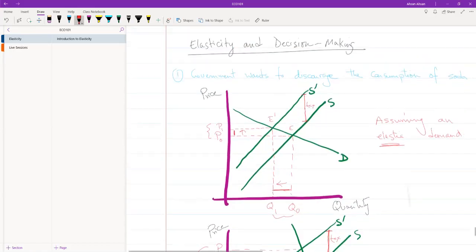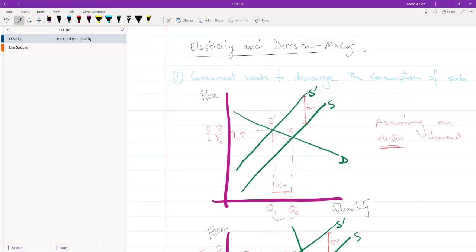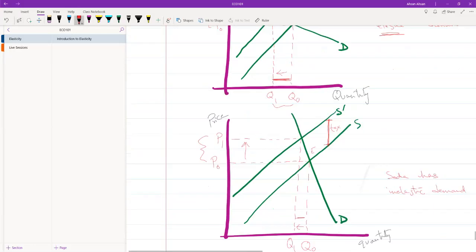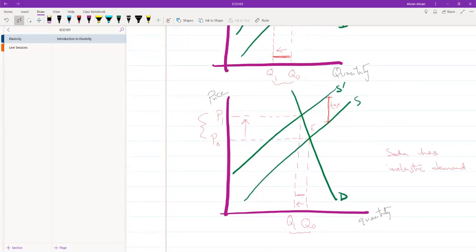If the government decides how much tax they want to impose without taking a look at the elasticity of demand of soda, their policy is not going to be successful. They're expecting a large change in quantity demanded, but because they have failed to take into consideration the inelasticity of demand, there's a relatively smaller change.